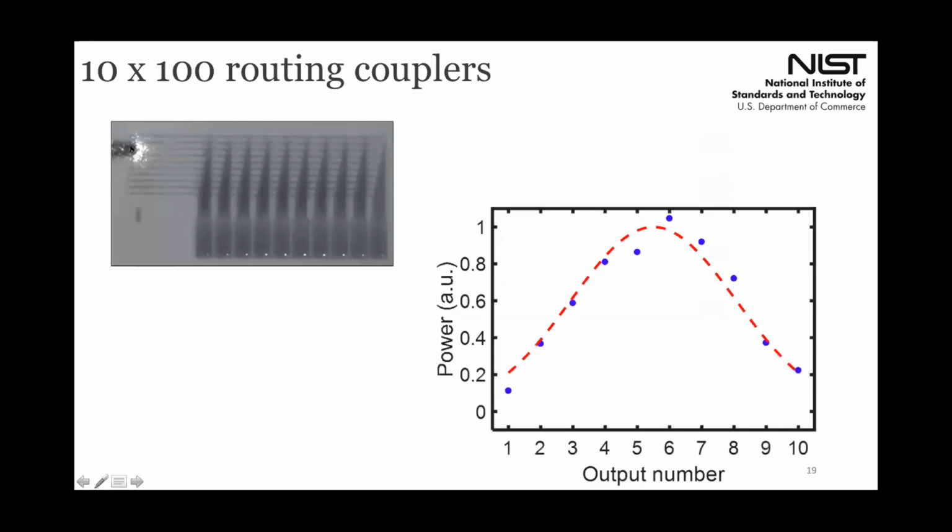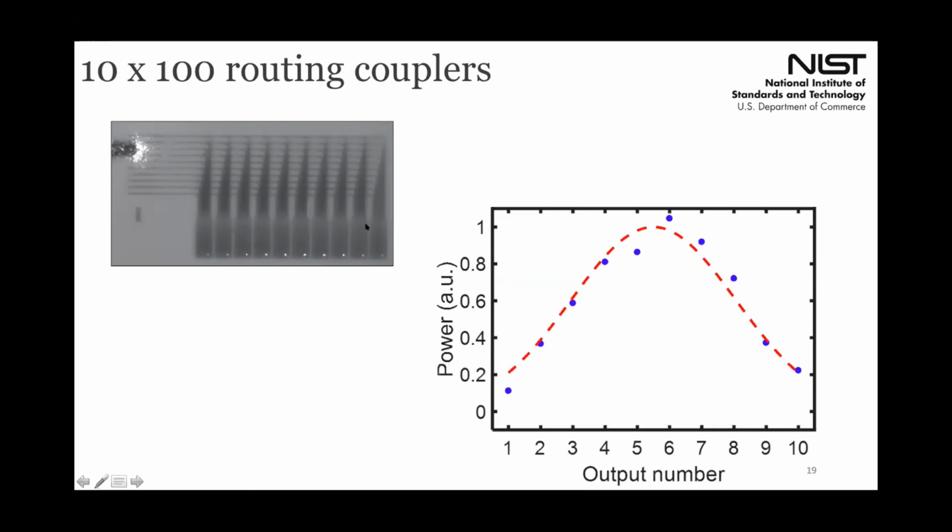Essentially you couple light in one of these input gratings, and then you see light on 10 output gratings. They're different levels of brightness because we tuned the beam taps to be that way. In this particular case, we were aiming for a Gaussian distribution, and you can see on the bottom right, each of these blue dots corresponds to the brightness of these white light spots. And you can see that indeed follows a Gaussian distribution.